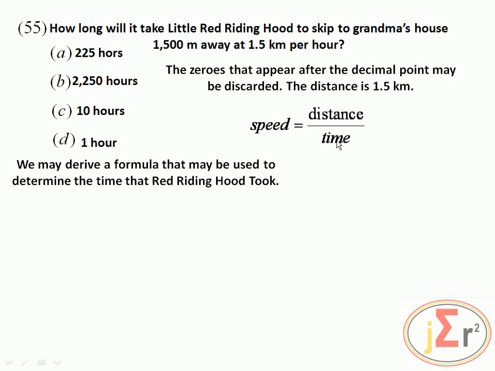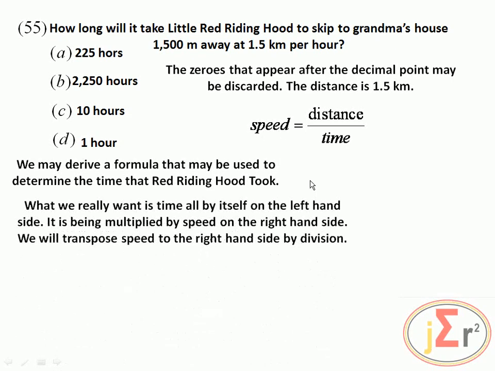So we are going to take the time here, transpose it here. The opposite of division is multiplication, so time will be multiplied by speed on the left hand side. So what we really want is time all by itself on the left hand side. It is being multiplied by speed on the right hand side. We will transpose speed to the right hand side by division.